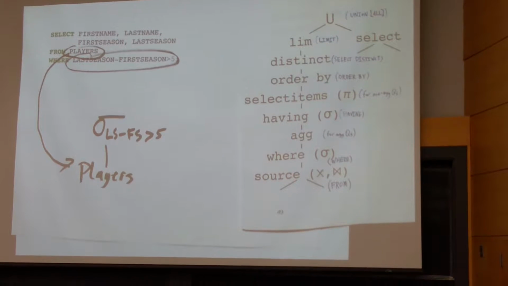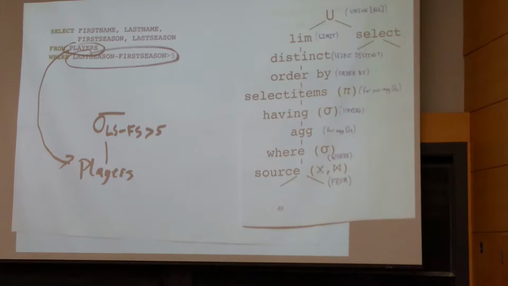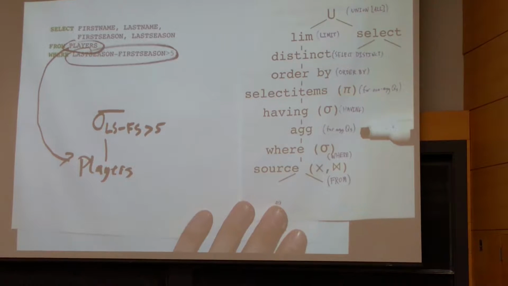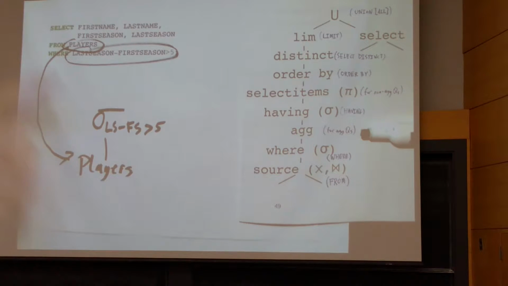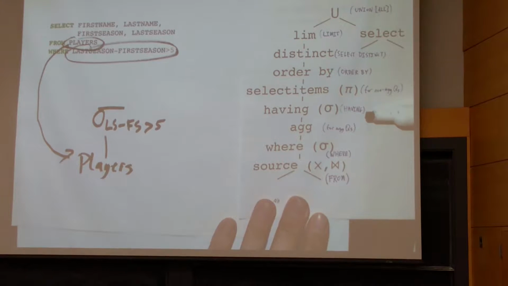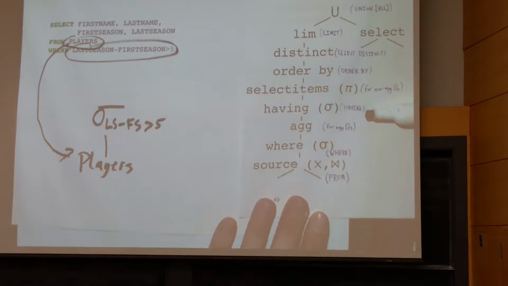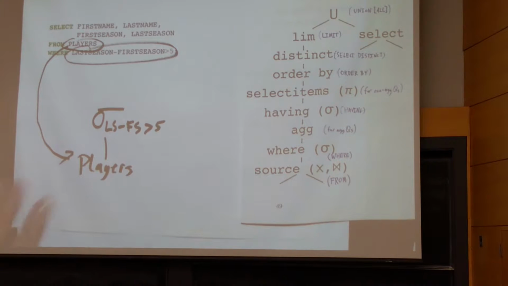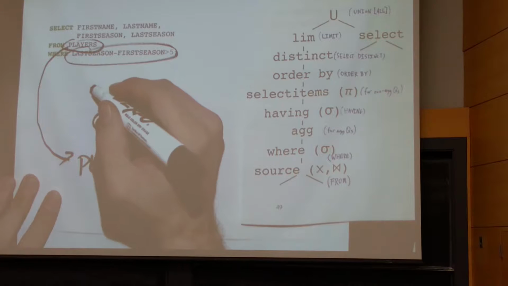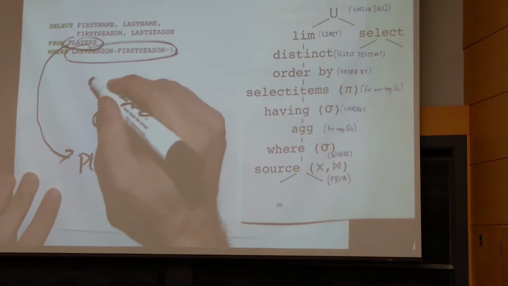All right, what's next? Projection. Okay, so the last thing, let's go through this. The aggregate operator only applies for aggregate queries. This has neither aggregate functions nor a group by clause, so the aggregate doesn't apply. There's no having clause, that doesn't apply. The next thing up is the projection, which in this case we want the first name, last name, and first and last seasons.